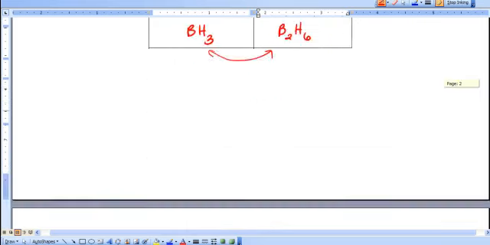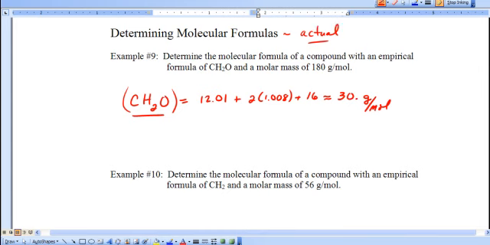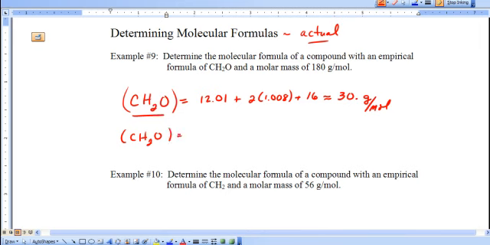So let's scroll all the way back down to the bottom. Here we go. It turns out that this has a mass of 30 grams per mole. The real formula has a mass of 180 grams per mole. So the question is, how many of these are going to fit in the real compound? Well, if these weigh 30 and the actual compound weighs 180, 180 divided by 30 gives you 6.